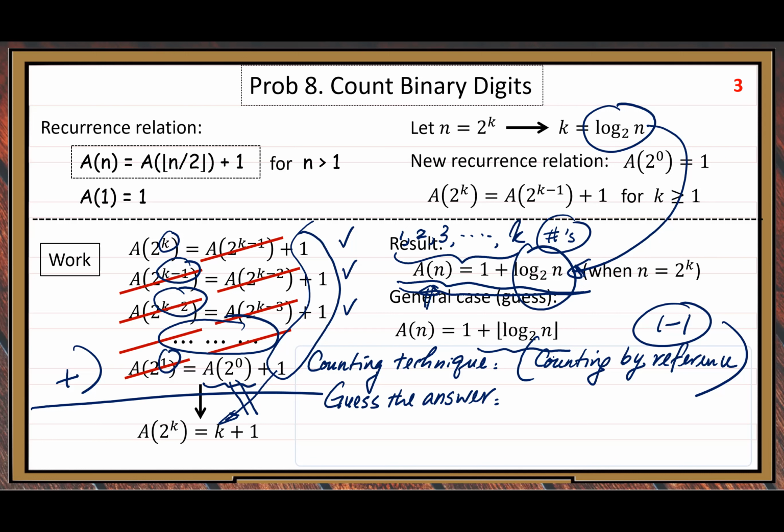And then there is another question: why do you not use the ceiling function here? Because the ceiling function also gives us an integer expression. Why do you not use 1 plus the ceiling function of log base 2 of n? You use the floor function.